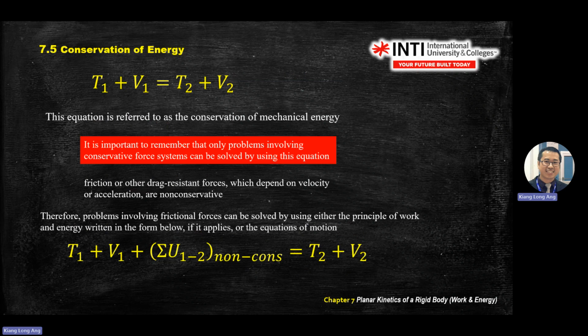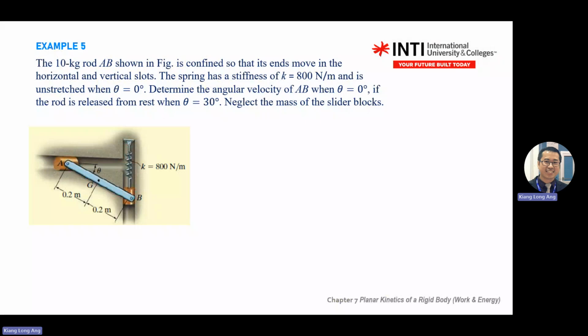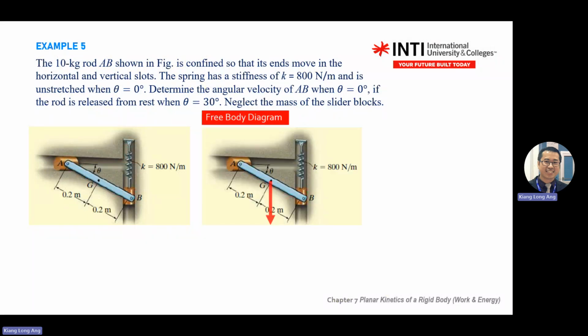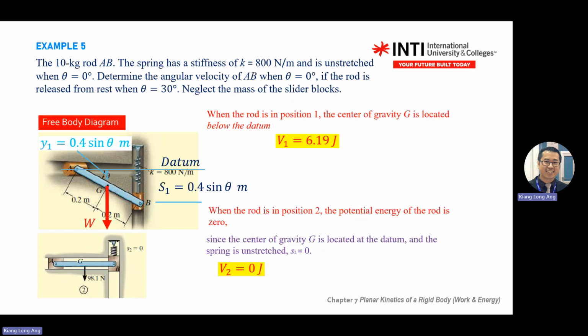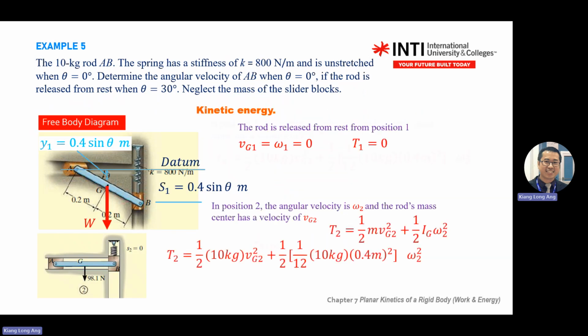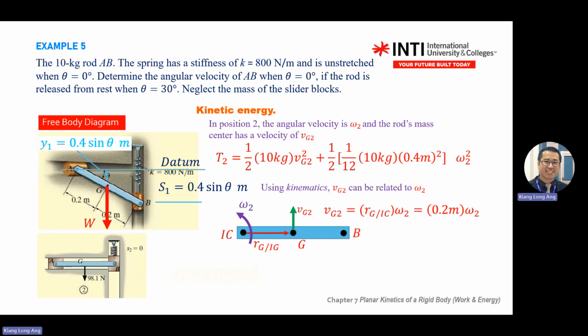So, okay, example of non-conservative are here. Okay, so I'll give you example 5. Example 5, your homework, go and see. I need to cover one example in your assignment. This one your homework will be the same.